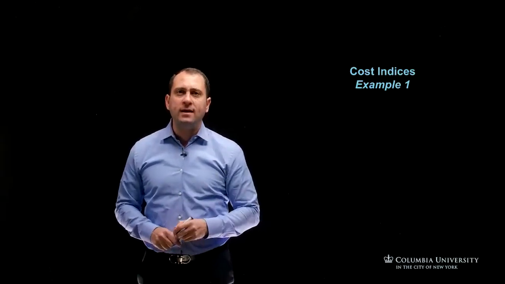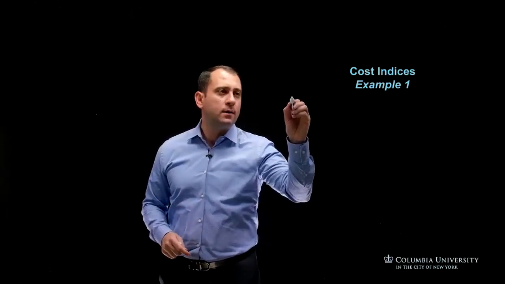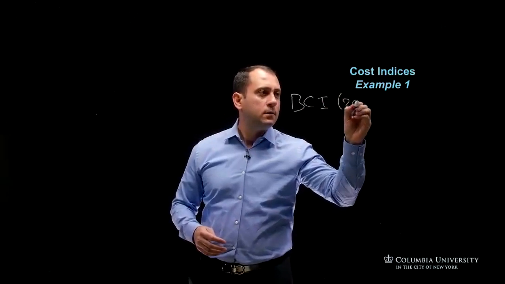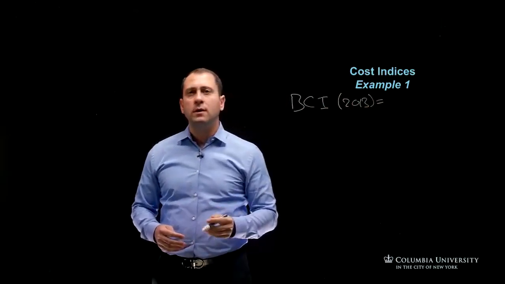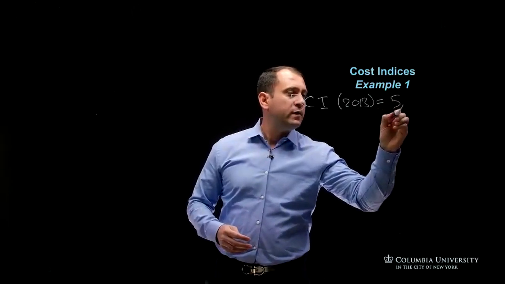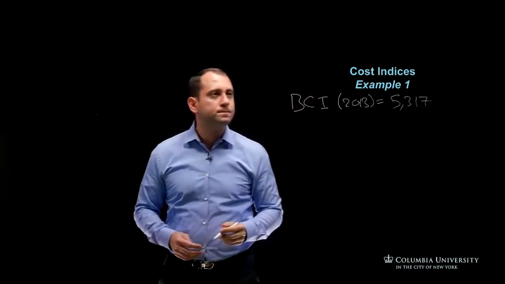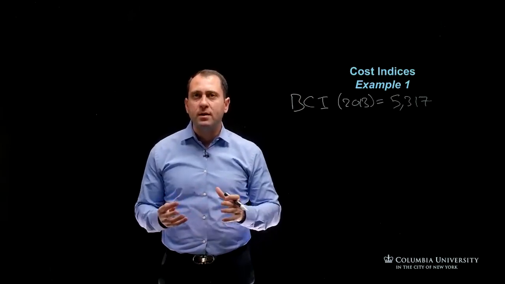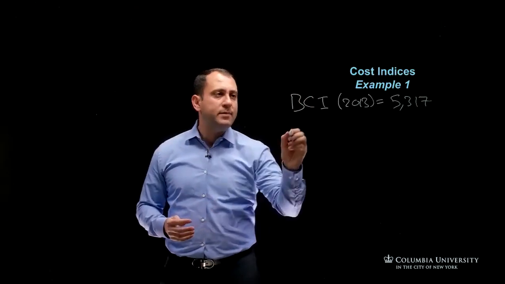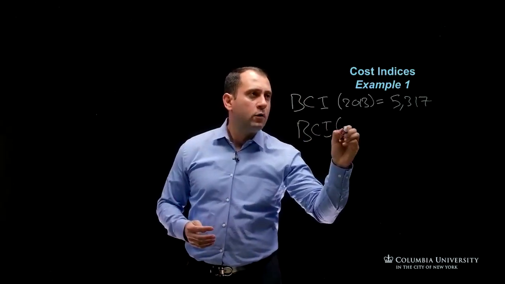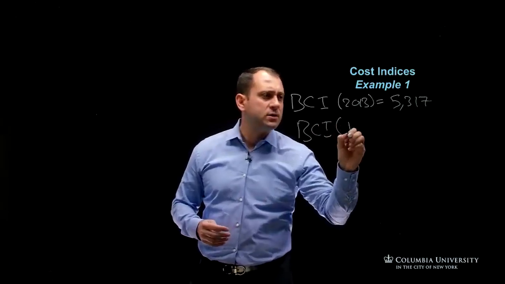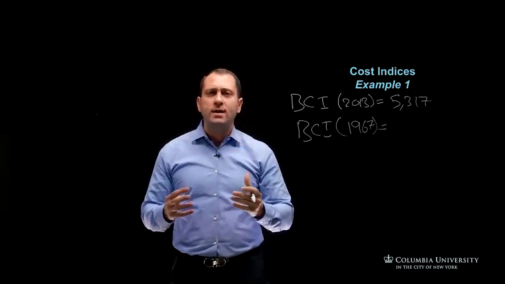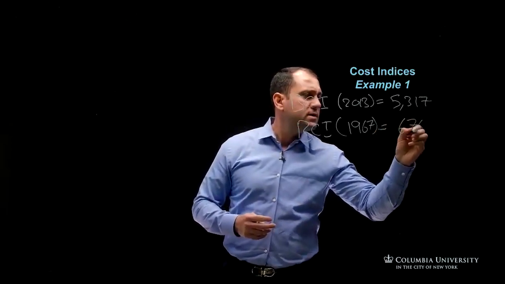So if we say that the cost index, the BCI, for the year 2013 is equal to 5317. And the base cost that we're trying to compare the 2 years with, I mentioned the 1967, so let's use that for an example, is that constant package was 676.